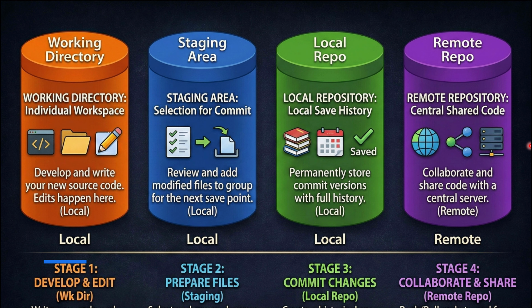Now, why is Git designed like this? Git separates the stages because of safety, control, history, and collaboration. For safety, nothing is committed automatically, so you commit the code when you're sure about it.